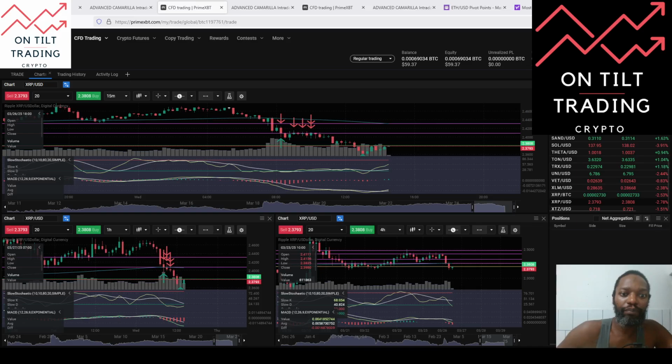So seeing that potential setup, also seeing here the breakout of the S4 level, and then continuation with the breakout of the previous candle that crossed.